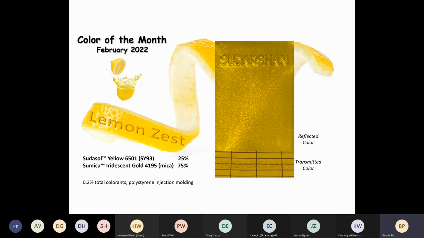So you can see the transmitted color, so you can still see through the chip here, and then in the reflected color, the mica comes through very nicely to see those sparkle effects. So you get two different types of color effect with one color formulation.